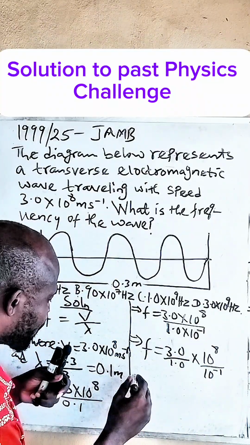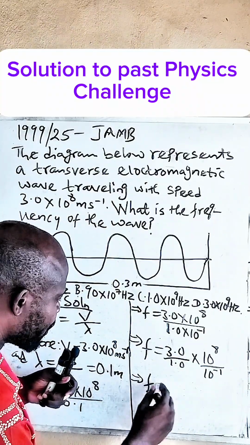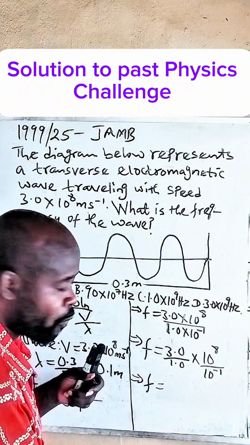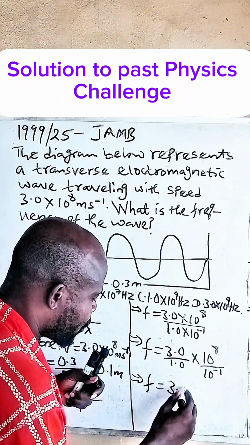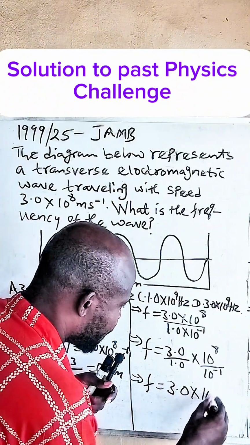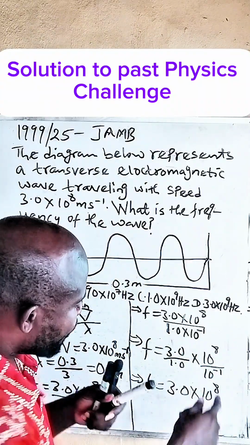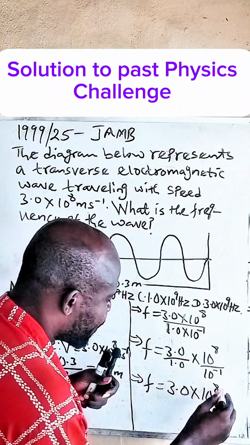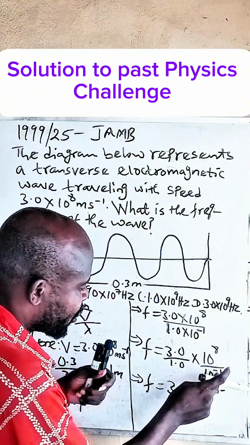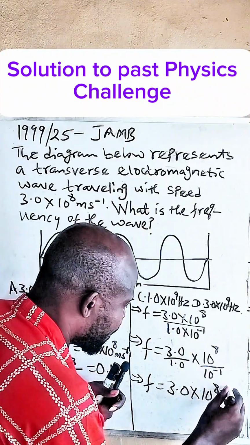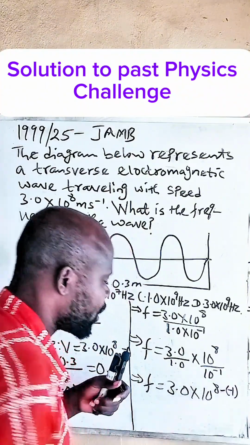Now, at this point, we have frequency equal 3.0 divided by 1.0 is the same thing as 3.0 times 10 raised to power 8. In indices, where you have division is same thing as minus, but what you have here is minus 1. So there is another power that is negative there.